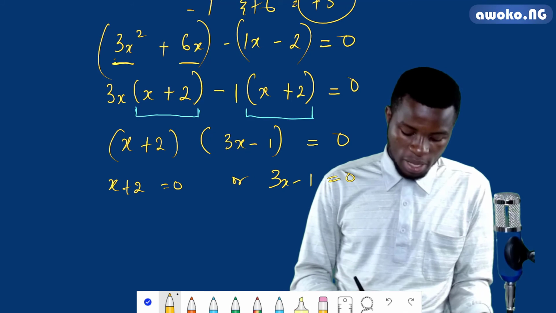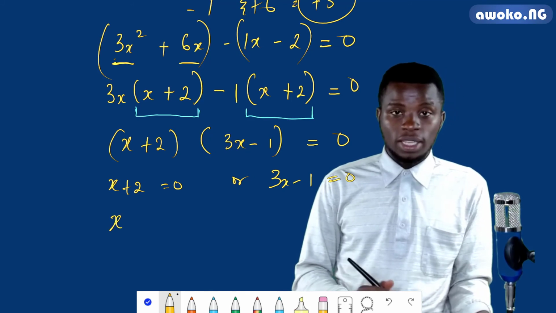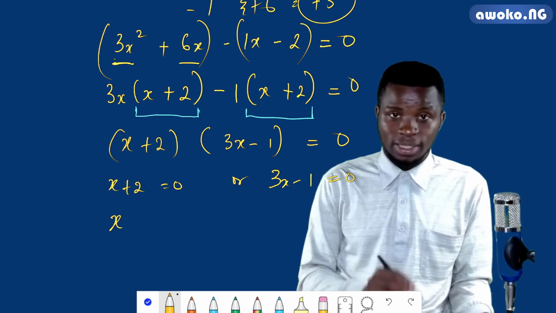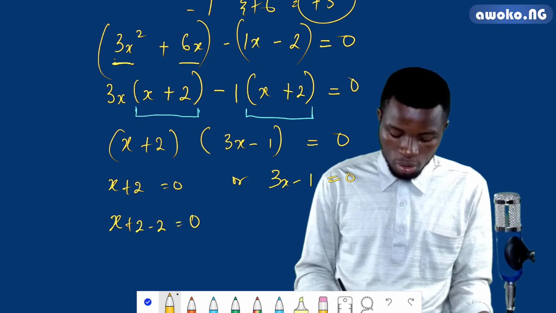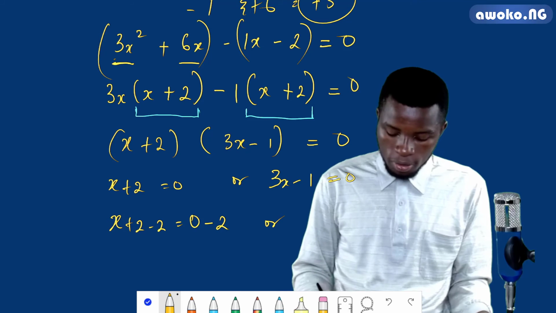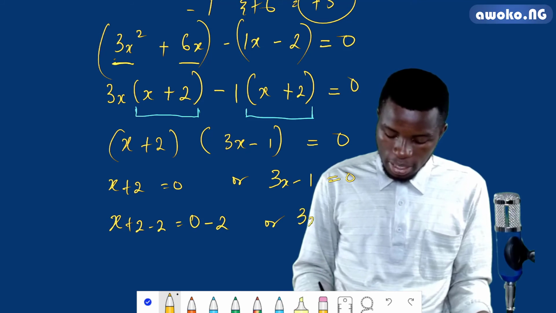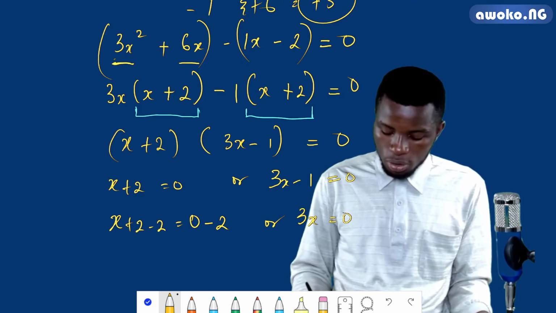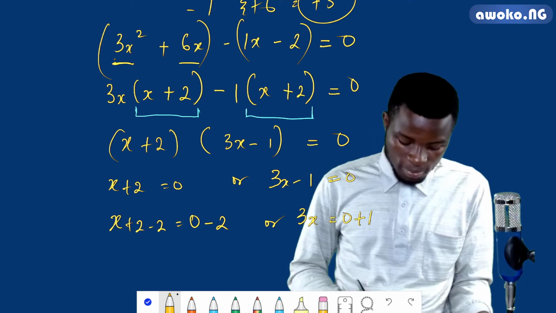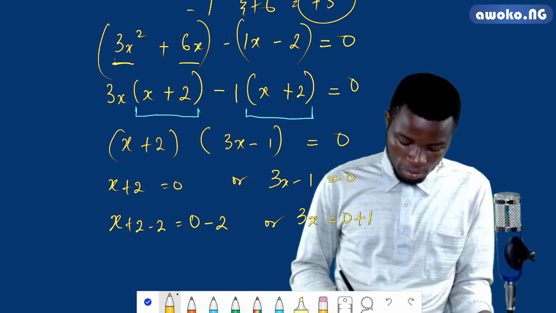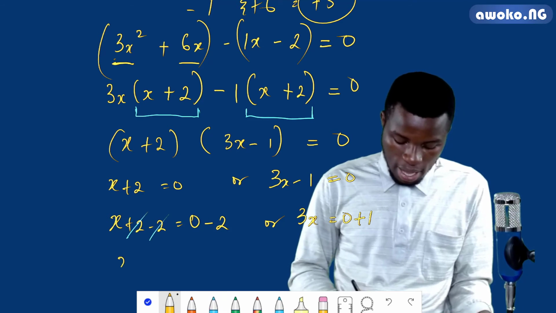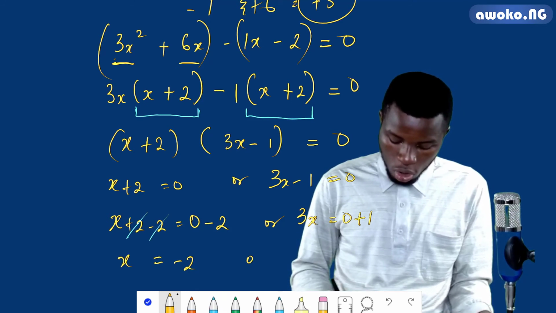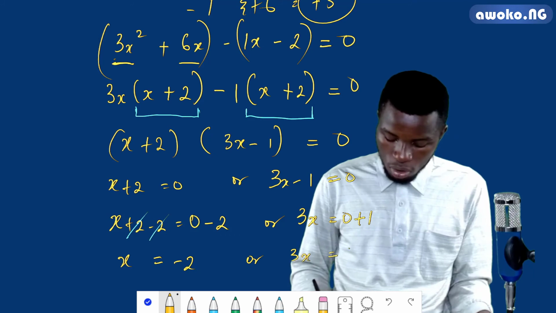So therefore, if we subtract 2 from both sides to make x stand alone, we have x plus 2 minus 2 equals 0 minus 2, or 3x equals 0 plus 1. Therefore, this will cancel out and we are left with x equals minus 2, or 3x equals 1.